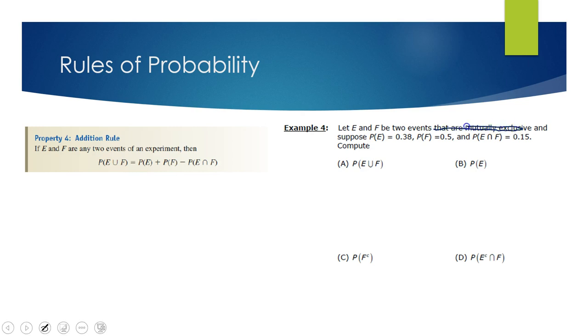They're not mutually exclusive, because they do have an intersection. If they were mutually exclusive, this value here would be 0. So we're going to let P of E equal 0.38, P of F equal 0.5, and the probability of E and F be 0.15. Compute the following.